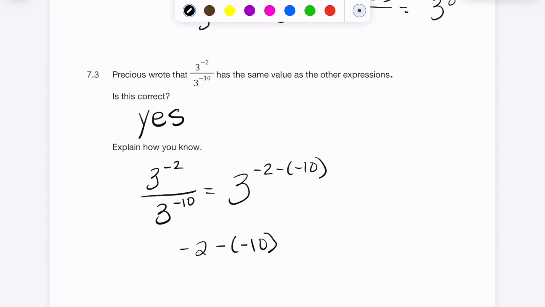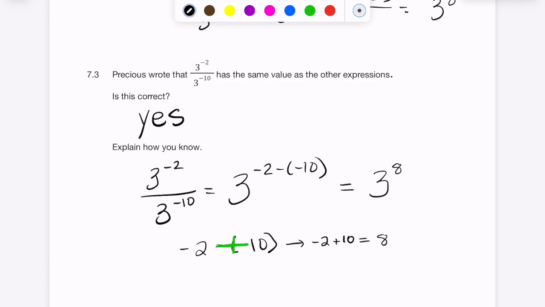Okay, this is something we learned in 7th grade, but it's tough. So if you are subtracting a negative number, the result is that you're going up, you're taking away something negative, so this turns into like we're adding a positive number. So negative 2 plus 10 is really what we're thinking of here, and negative 2 plus 10 is equal to positive 8. Thus, this is equivalent to 3 to the 8th power. So yeah, it's equivalent.